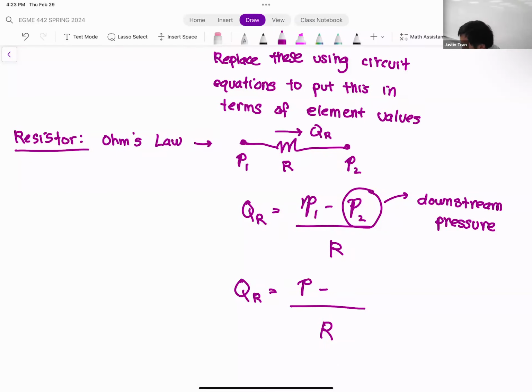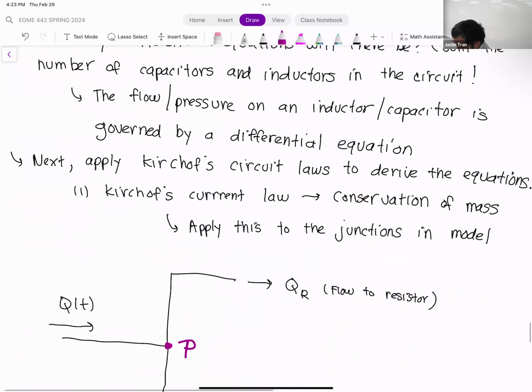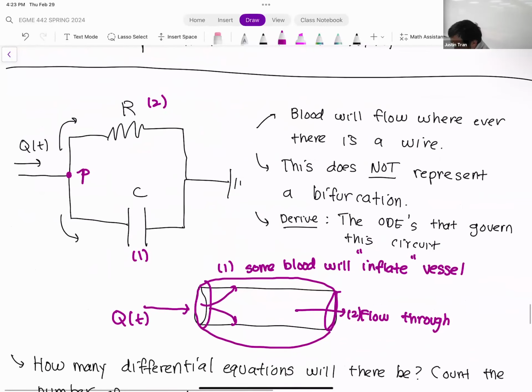Okay. So let's look at our circuit again and let's see what the pressure is downstream of the resistor. All right, so we come back to our circuit here. We know the inlet pressure here, the upstream pressure, is P just because it's all connected to a wire. Okay. After the flow passes through the resistance, the flow is going to go this way. It's going to come out to ground.